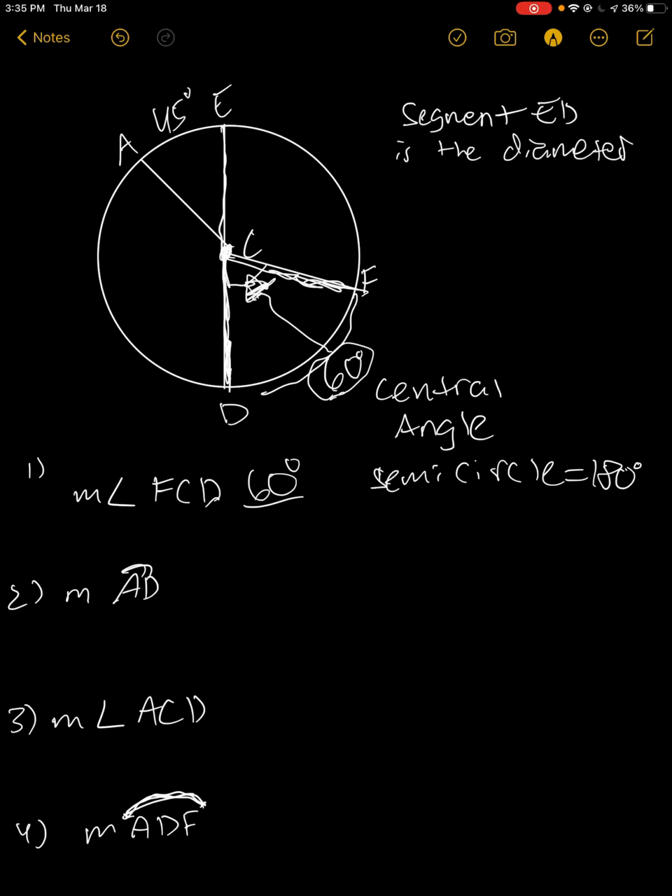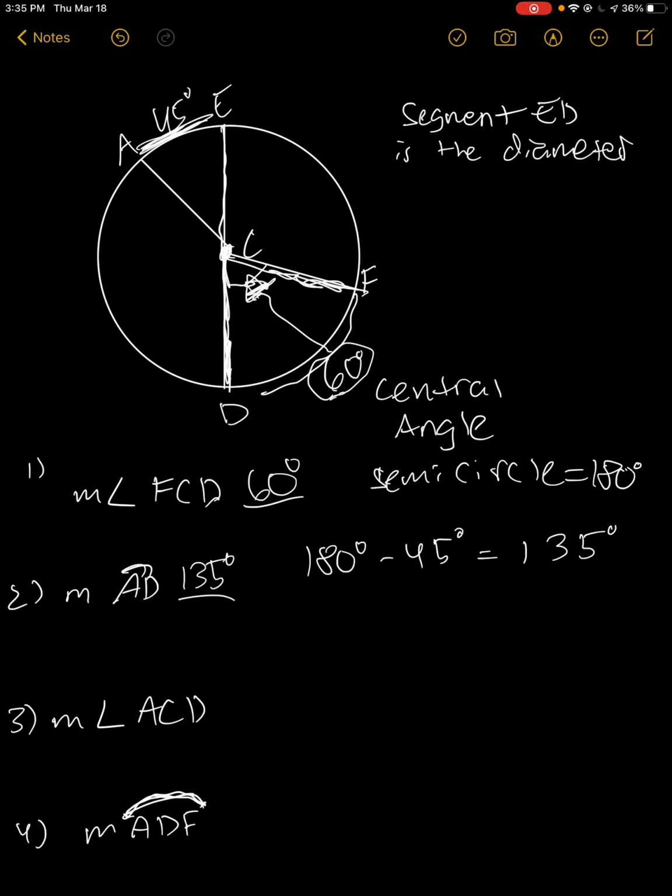But we already know one of those angle measures, and that's 45 degrees. So all we have to do is 180 degrees minus 45 degrees, which gives you 135 degrees. And this is the measure of arc AD.